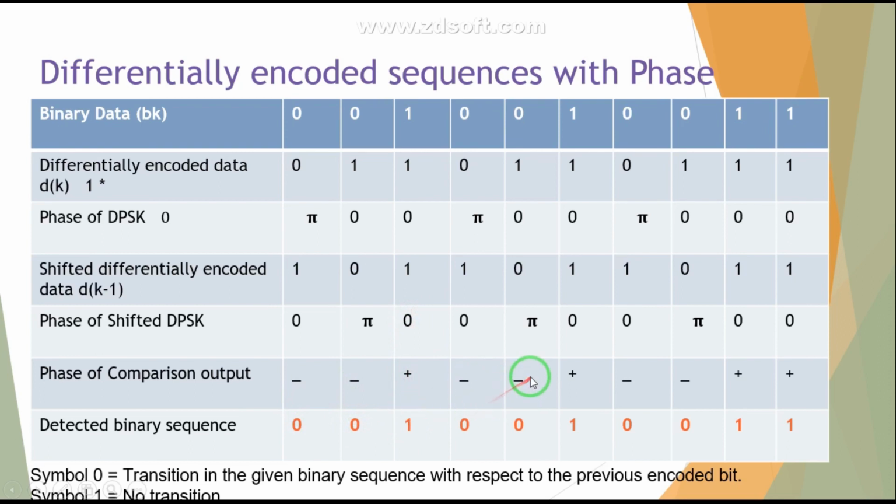Minus 0, 0, 1, this is 0, minus 0, this is plus, represented by 1, 1. So if you observe this binary data and its detected binary sequence, they are one and the same. So hope you understood this table.